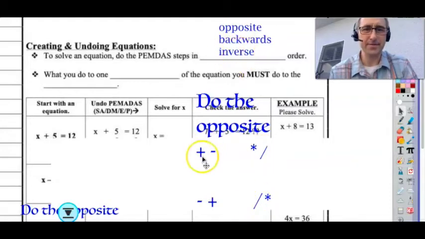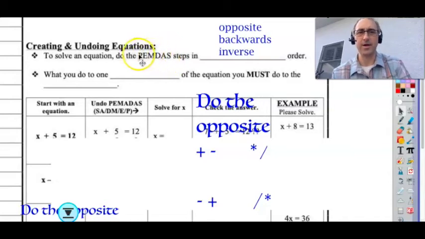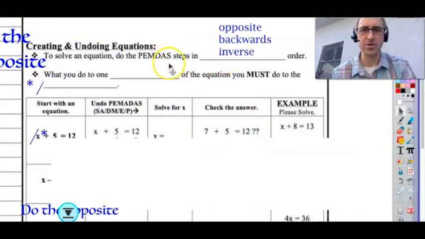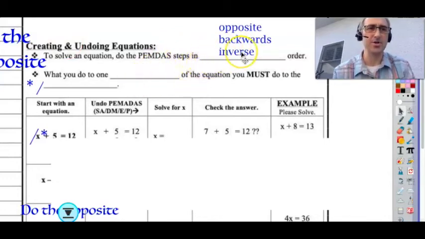Those are inverse of each other. The inverse of light is dark. Backwards would mean we would start with subtraction and addition and then work our way across. But we're not going to do that yet. Those are for multiple steps. Right now, we just want you to know that when you see add to solve it, you are going to subtract.